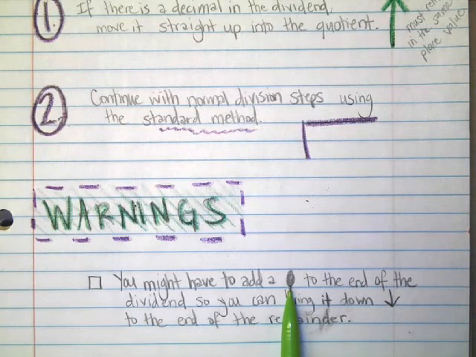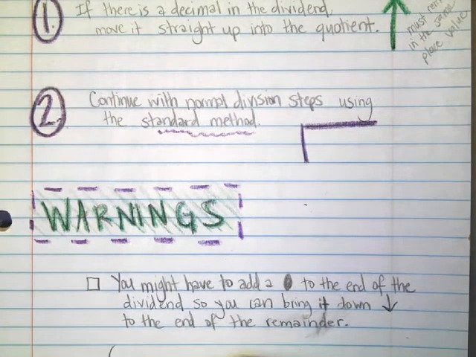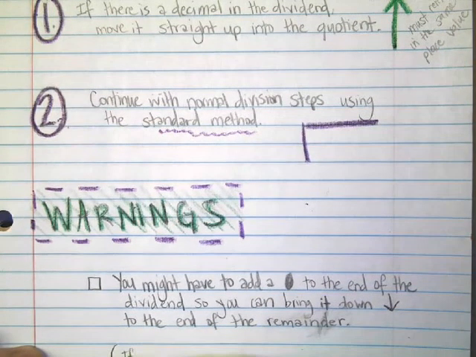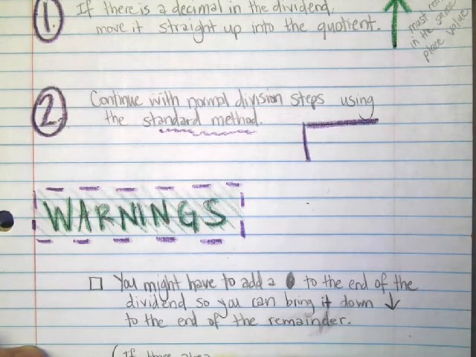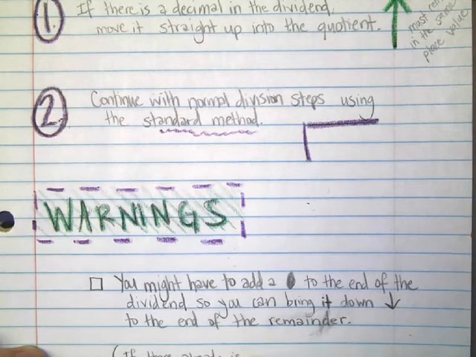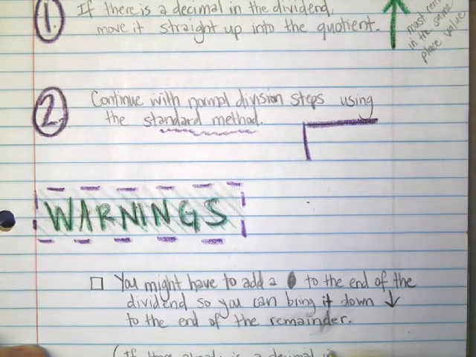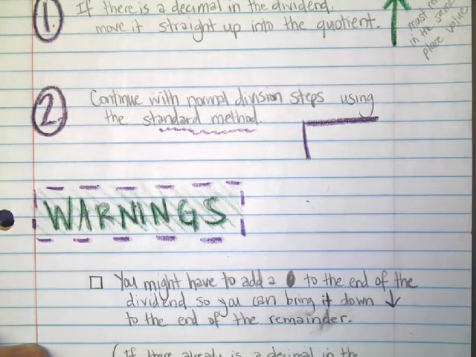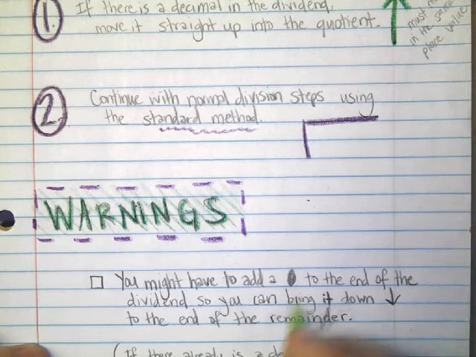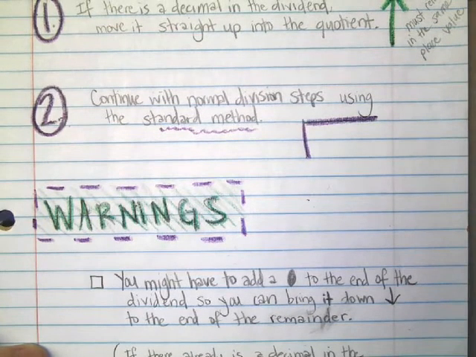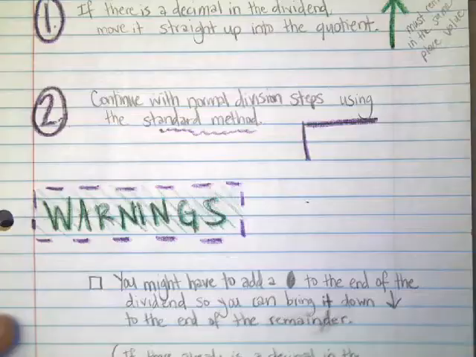Okay, if you've added zeros at the end of the dividend, the rule is that you had to put a decimal up in the quotient, right? So we're going to put, with parentheses here, if there already is a decimal in the quotient, great.